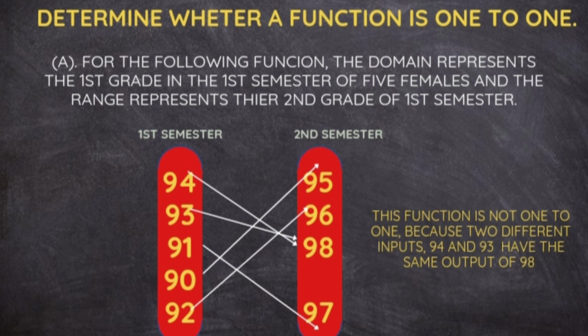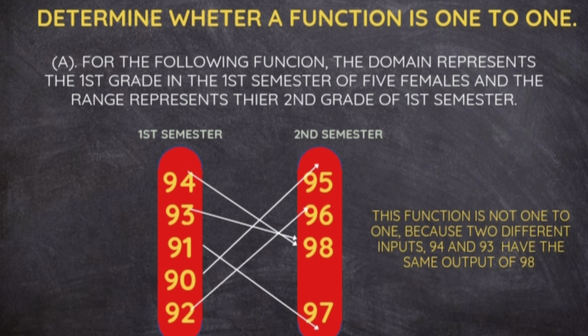Based on the picture below, the 94 grade is connected to the 98 grade. Then the 93 grade is also connected to the 98 grade. The 91 grade is connected to the 97 grade. The 90 grade is connected to the 95 grade. And last, the 92 grade is connected to the 96 grade.